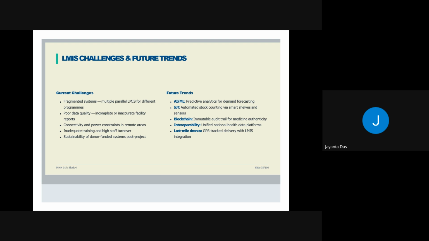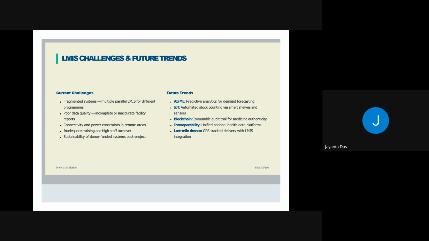Due to some geopolitical problems, suddenly in between they pull out, or by the end of the project they pull out, and the transition to the national system sometimes takes undue time, by which the trained staff are posted somewhere else, or the system has started focusing on some other program given priority. So these are the challenges.